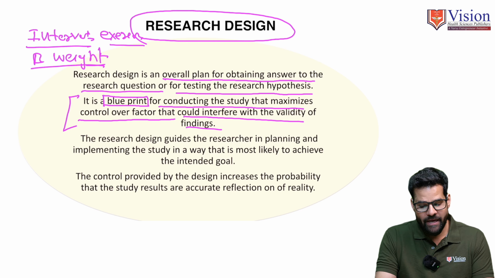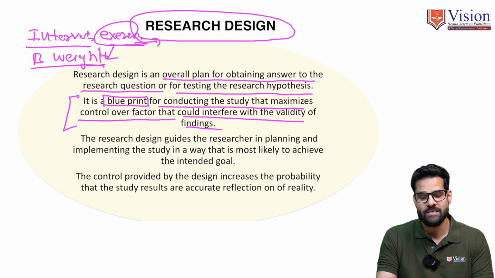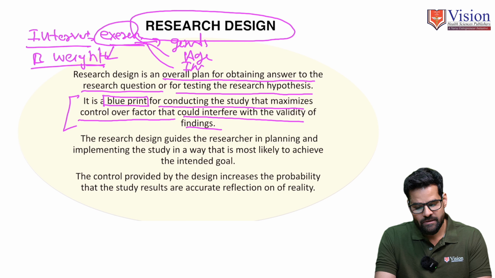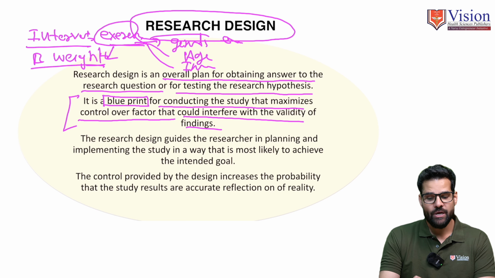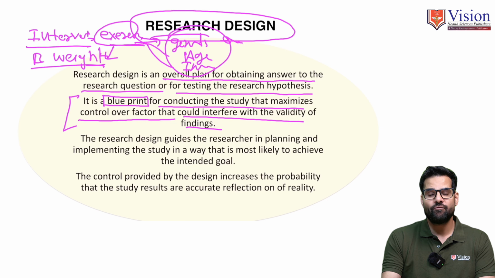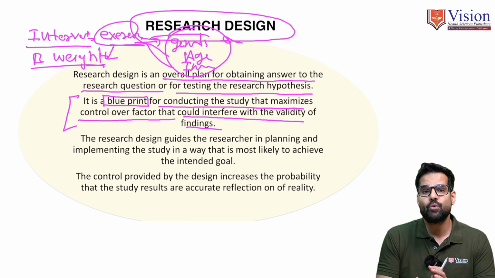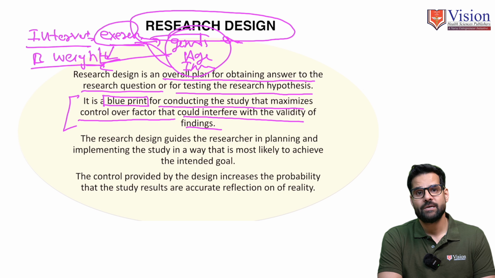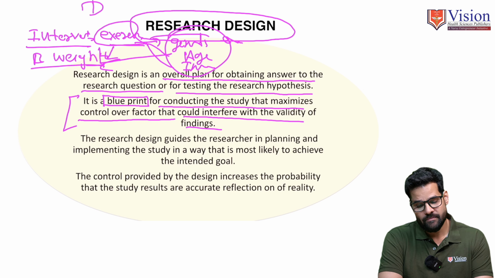Exercise will have some impact on the body weight. But other than exercise, what else can influence? Maybe your genetics, maybe your age, maybe your interest, maybe what kind of exercises you are doing, or maybe the diet.